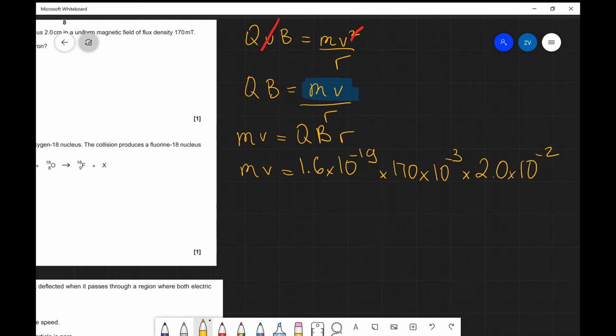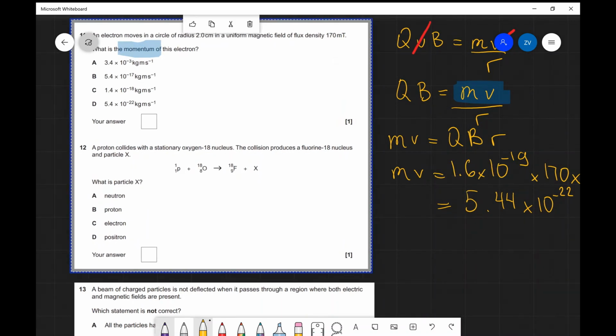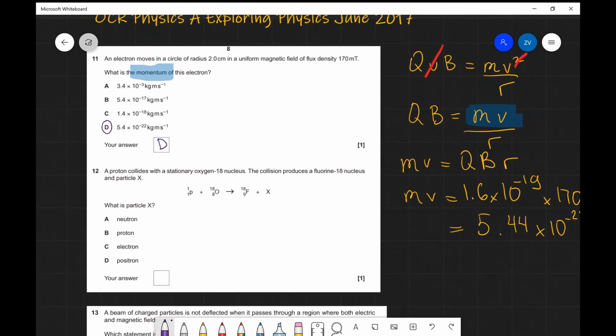I'm going to carefully put all of this into a scientific calculator, which is going to give us 5.44 times 10 to the power of minus 22 kg m s to the power of minus 1, which leads us to the correct answer being D. Notice how they've given the same number over here, but this will be the answer without the unit conversion. So we just have to be quite careful that we choose the correct one.